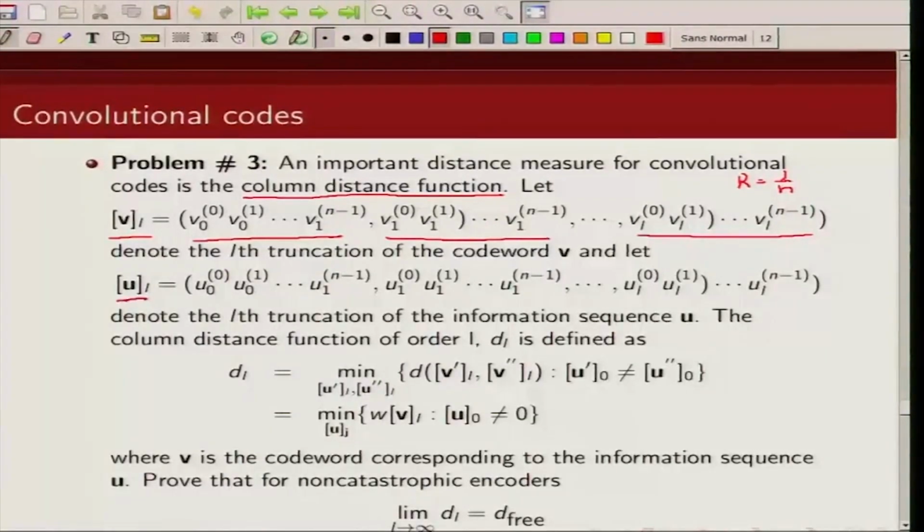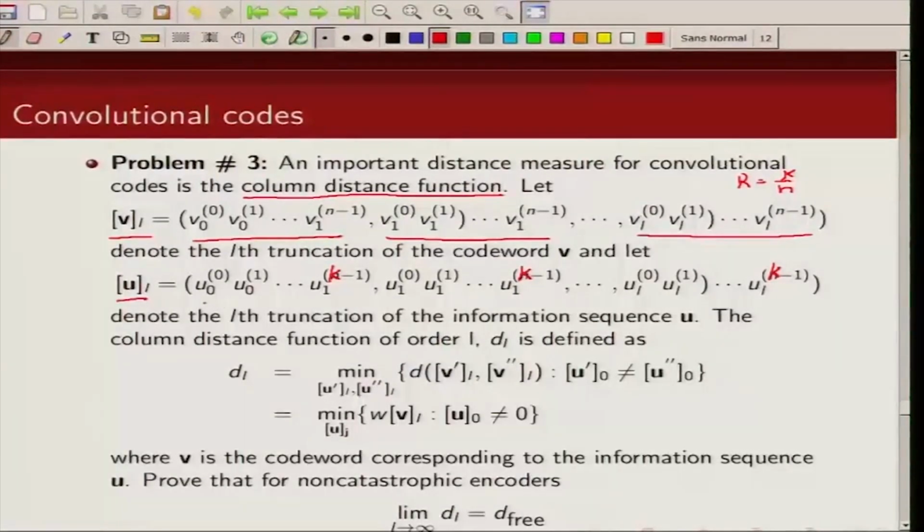Similarly, I can define my truncated information sequence. Okay. So, just a minute, this is a typo, this should be k minus 1, this should be k minus 1, and of course, if k is 1, there will be just one input.